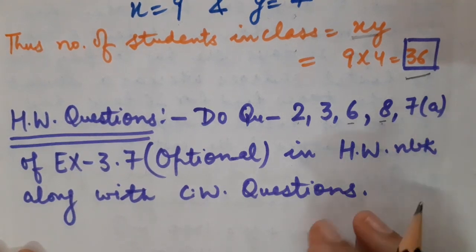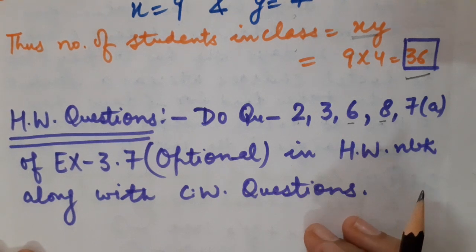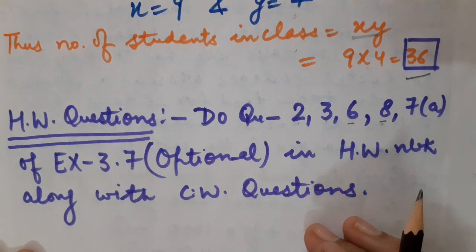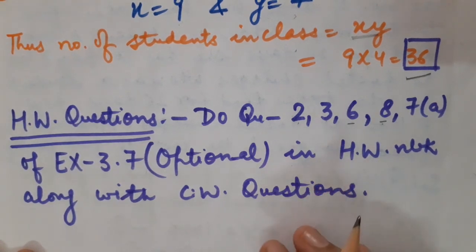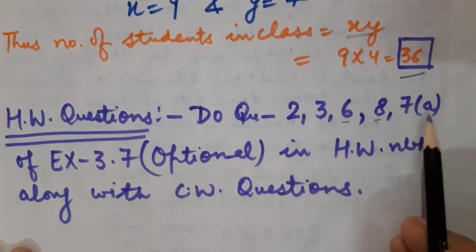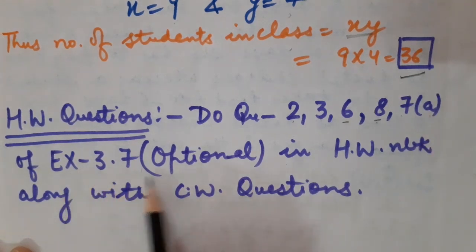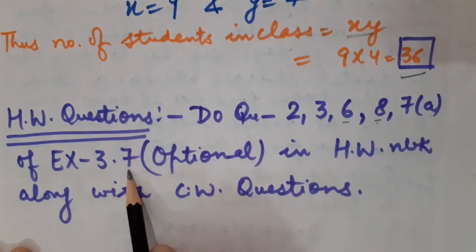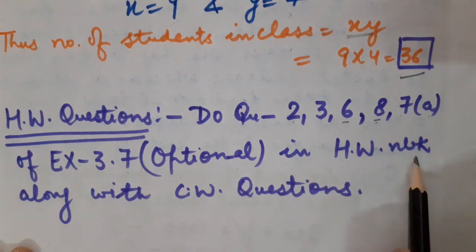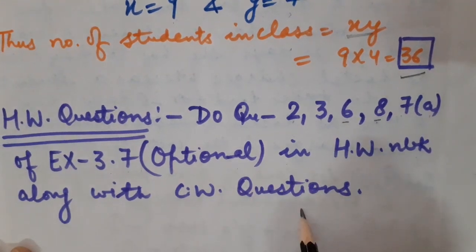The property which you have to apply in this question is that the sum of the opposite angles of a cyclic quadrilateral is 180 degrees. Fine, you apply it and you will be able to solve the question. And the 7th question, A part. They all are related to exercise 3.7, that is optional. You have to do it in the homework notebook along with the classwork questions.